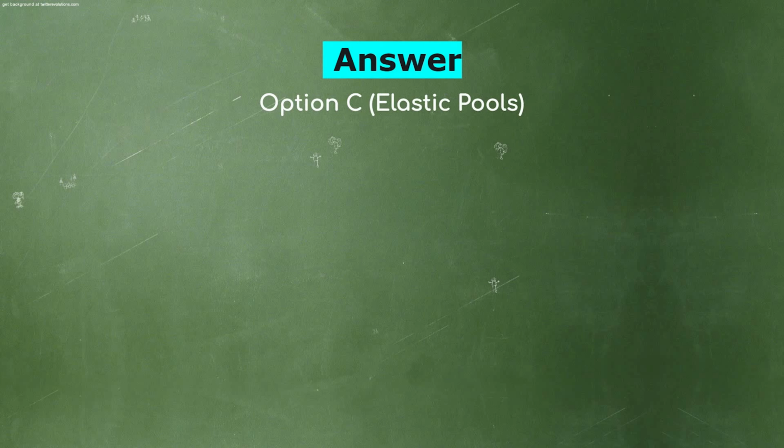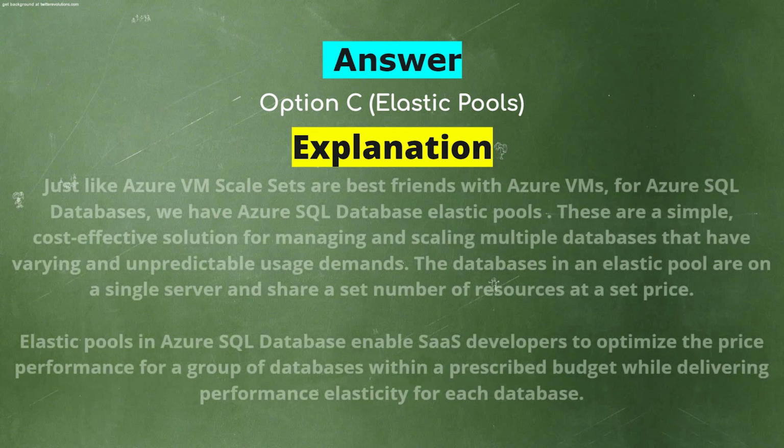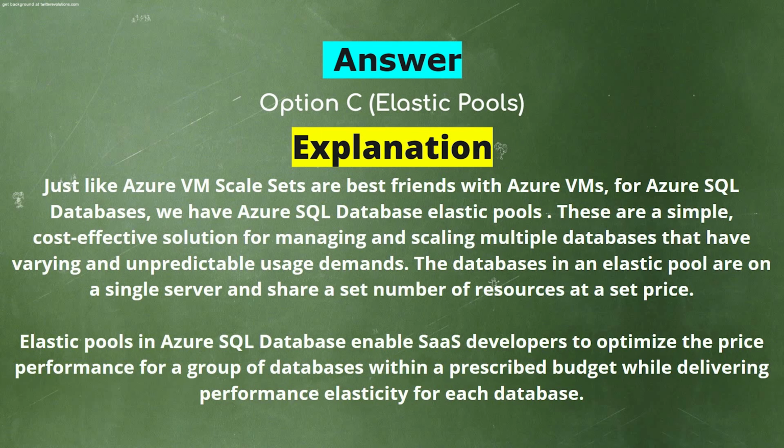Elastic Pools. Explanation. Just like Azure VM scale sets are best friends with Azure VMs, for Azure SQL databases, we have Azure SQL Database Elastic Pools. These are a simple, cost-effective solution for managing and scaling multiple databases that have varying and unpredictable usage demands.